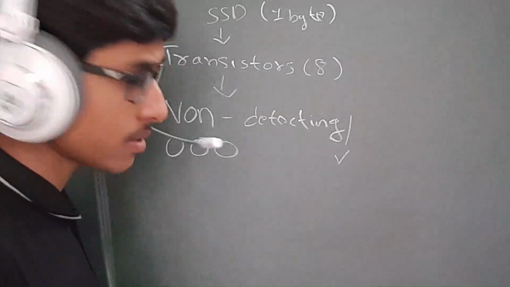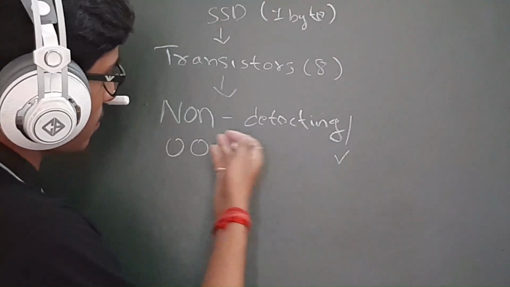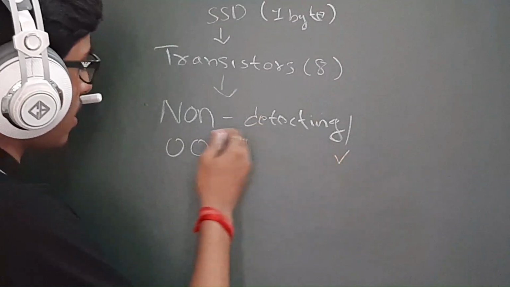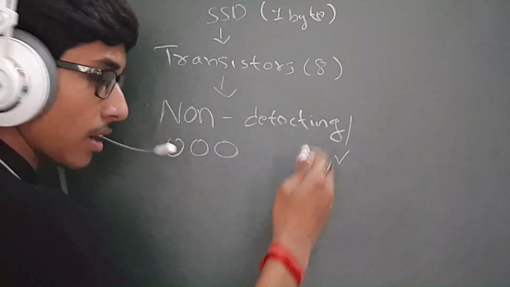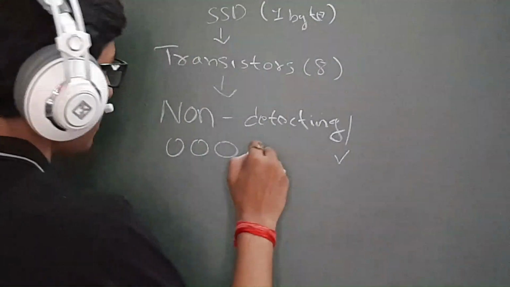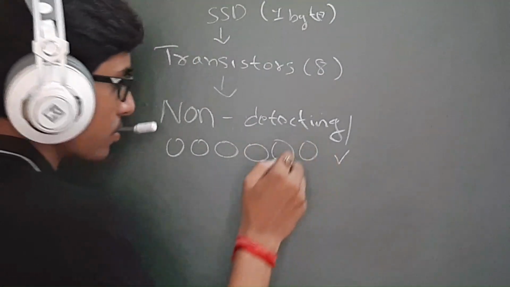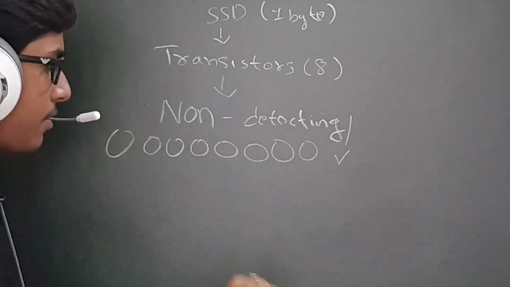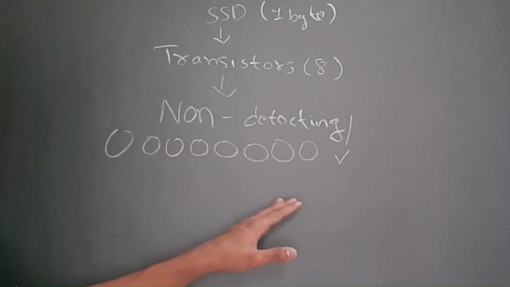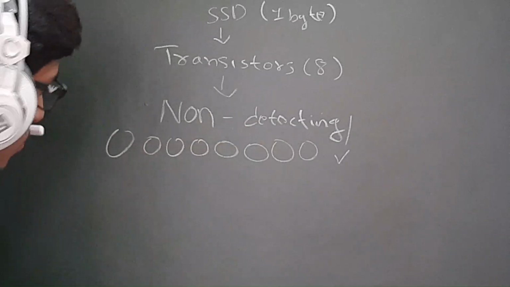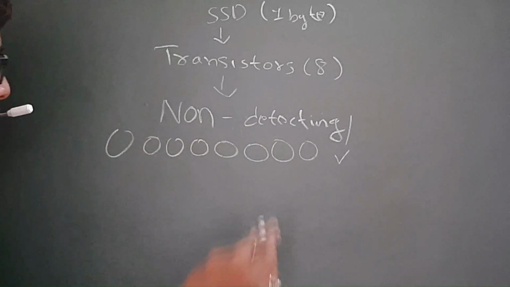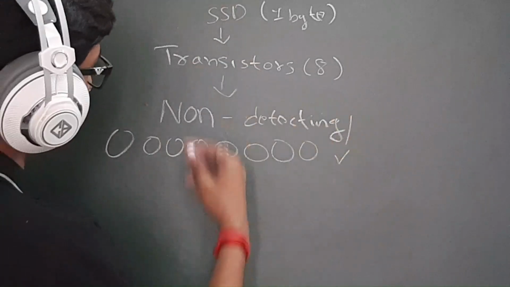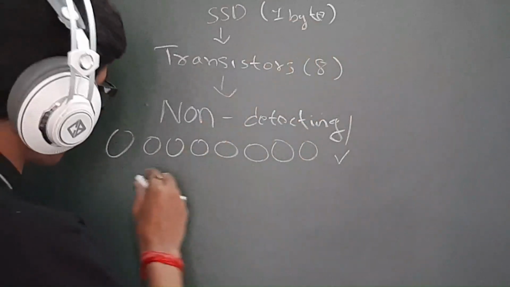So actually what happened is, if the transistor is in the state of non-detecting, or detecting lower voltages, it will be all aligned to zeros, right? Let me add eight. Right, all are zeros. But suppose we have added an image inside the SSD, which is of suppose 4 bits.